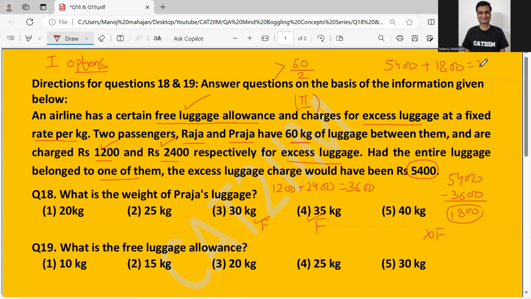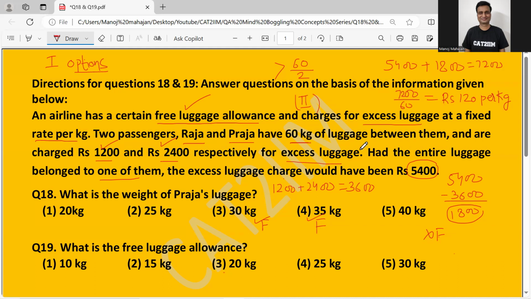So this is 7,200 you would have paid if there was no free luggage allowance. So 7,200 for how many kgs? If I look over here, 60. So we can figure out that the rate is nothing but 120 per kg. Now, with this data, we can easily figure out both the answers without knowing the options.